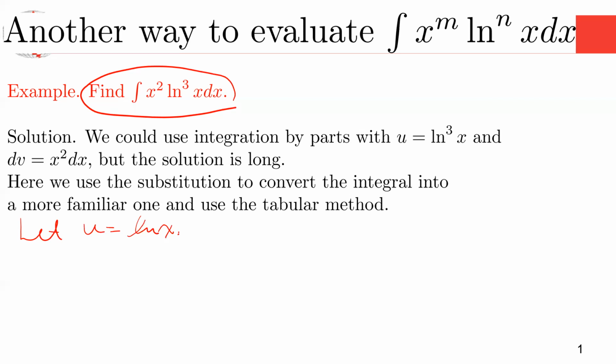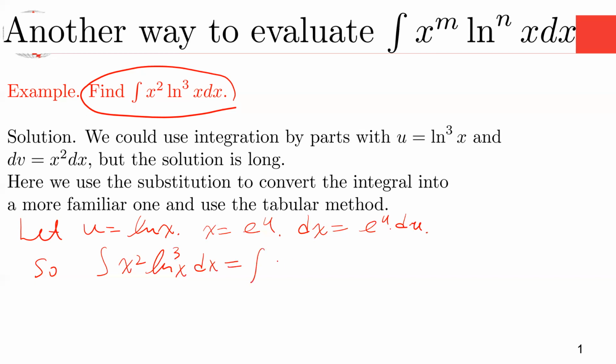Now, if u equals log of x, then x will be e to u. So we can convert the power term. Also, dx will be the derivative of e to u, so it's e to u times du. Again, we're going to work this specific example.